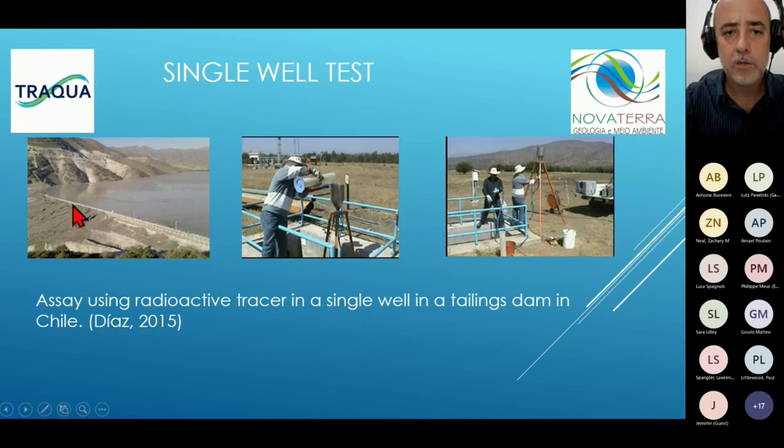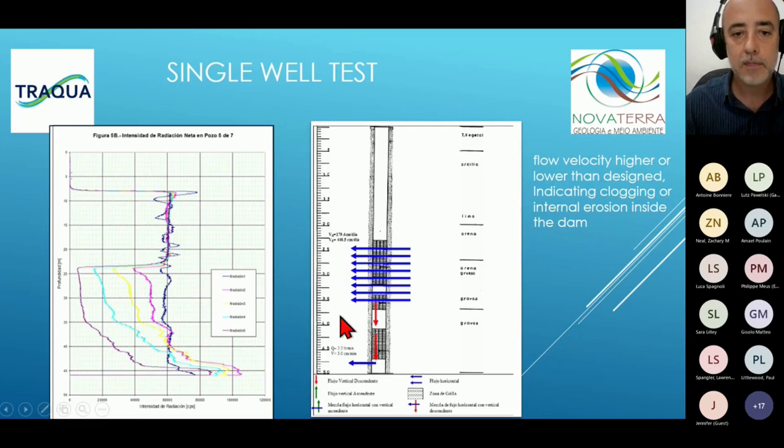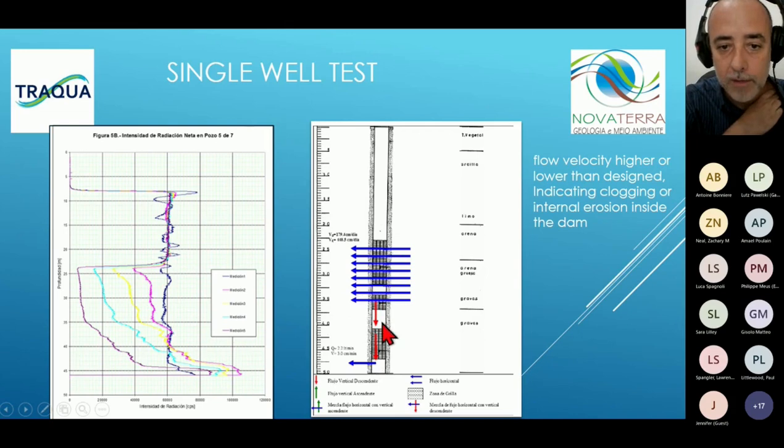Okay, Diaz used a radioactive tracer, but a fluorescent tracer can be used too. They used it in a single well test, and this is the result of Diaz's experiments, and they can see the higher velocity in this part of the well and the interconnection parts of the flux inside the well here.